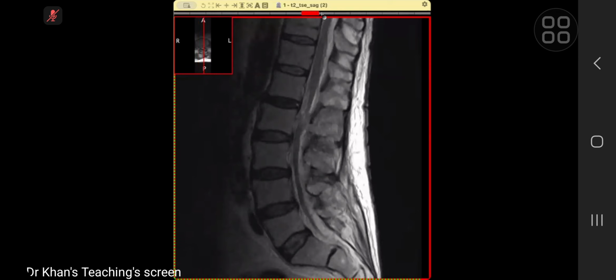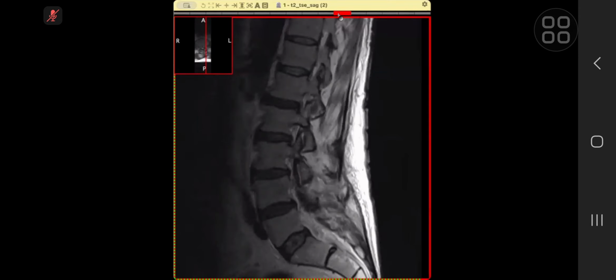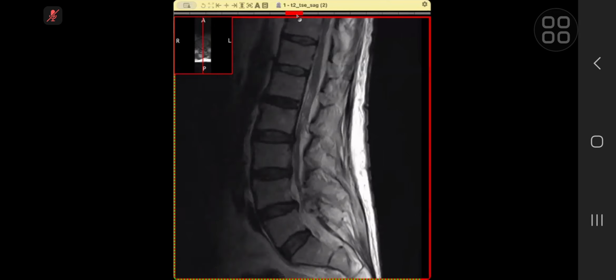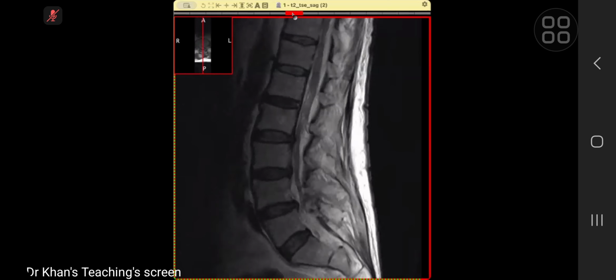I can see there are abnormal signals noted within the nerve roots at the level of L1 and L2. These are abnormal hyperintense signals on the T2 images.